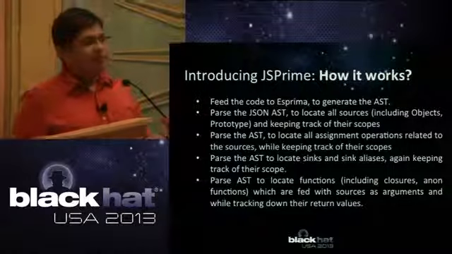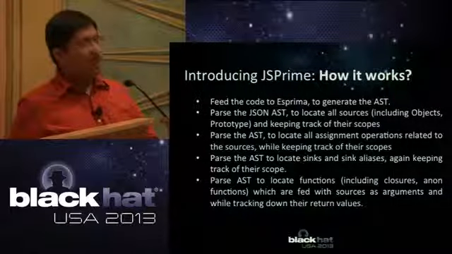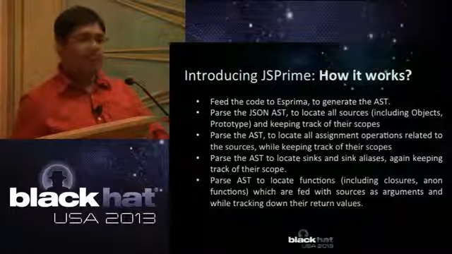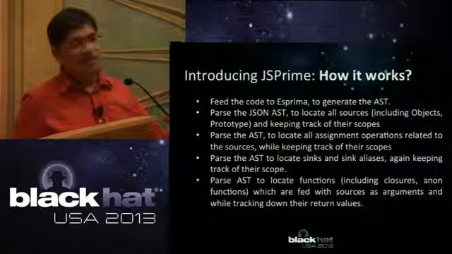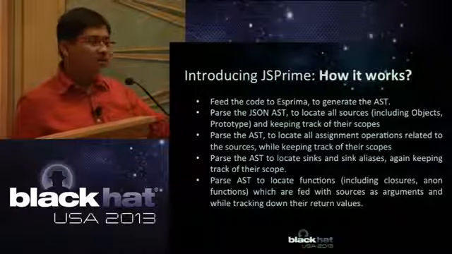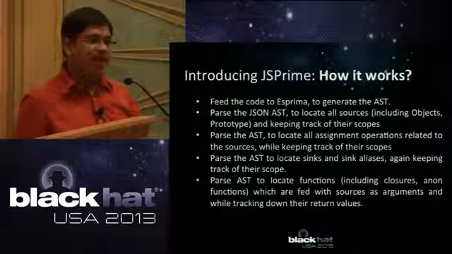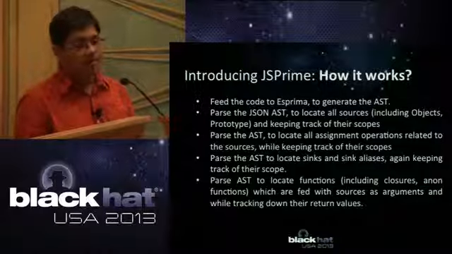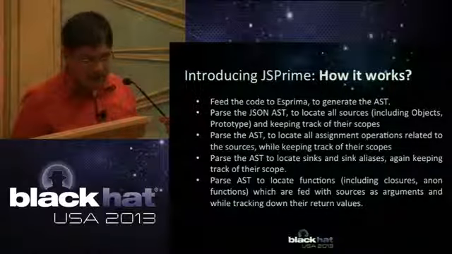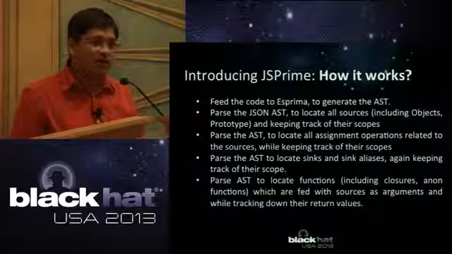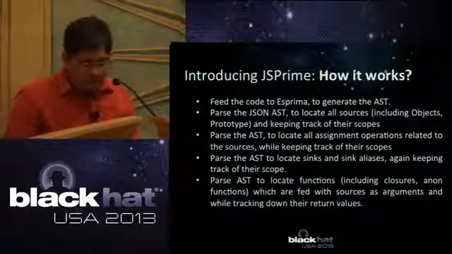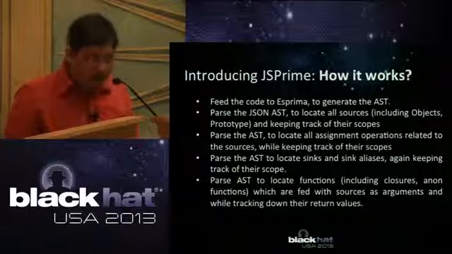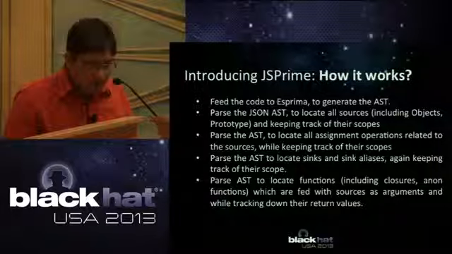There might be cases where user input is not directly passed to eval, but we have created an alias for eval. For example, say x is equal to eval. Now we are passing something into x. If you read it in the code, x is not eval, but at runtime x is eval. So we track all of these, again keeping track of their scope.